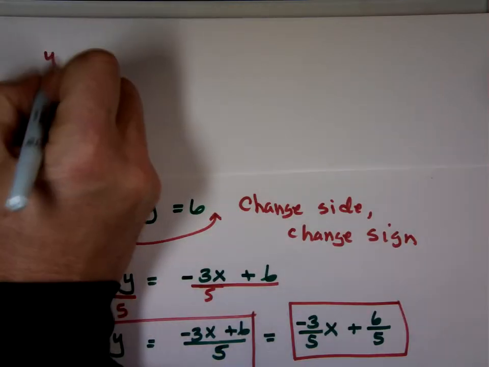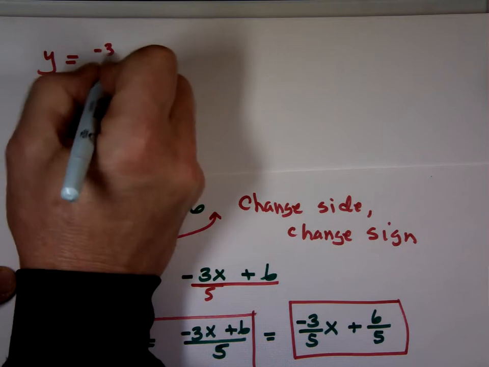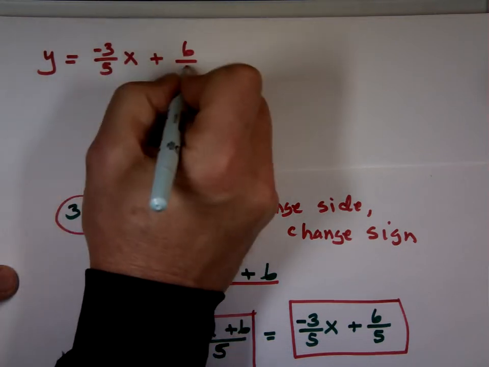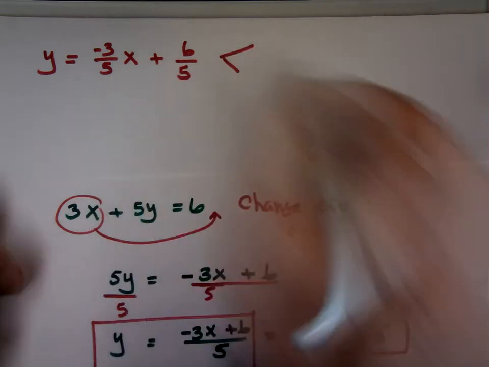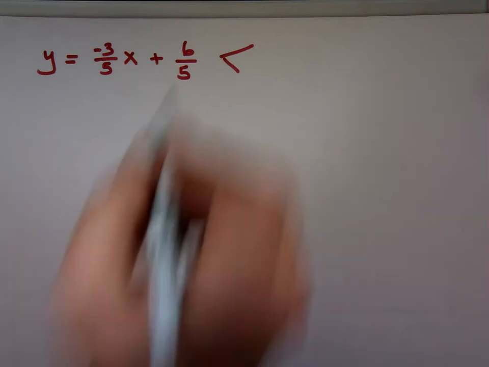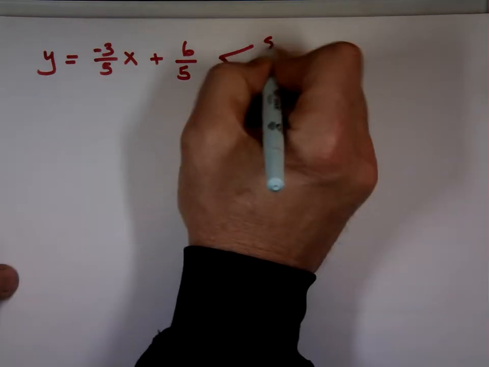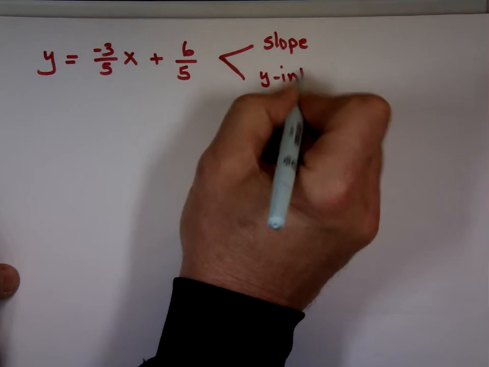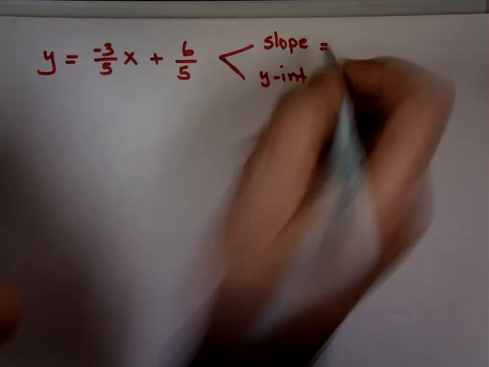Again, y equals negative 3 over 5x plus 6 over 5. That means I know two things. What do we know? We know the slope and we know the y-intercept. What is the slope?